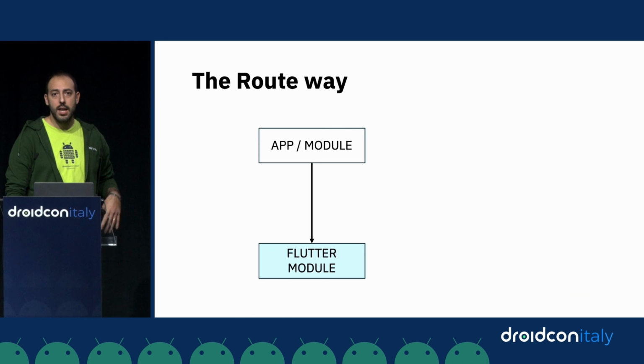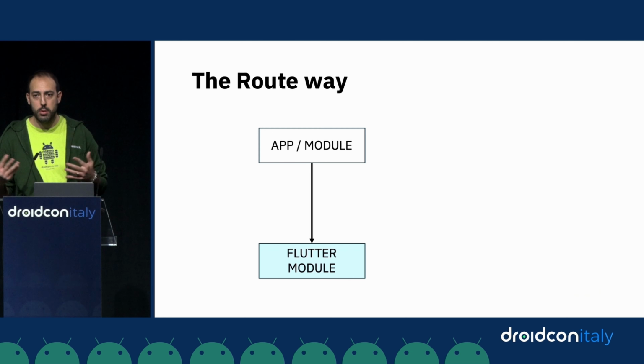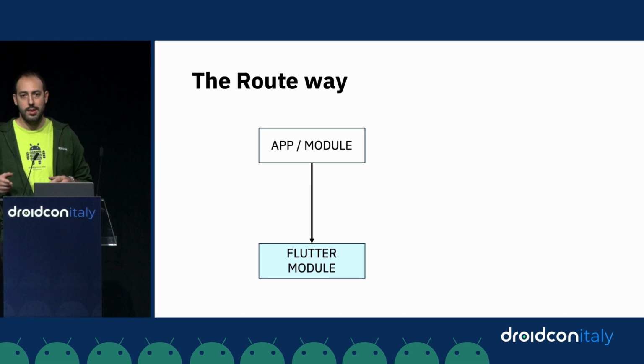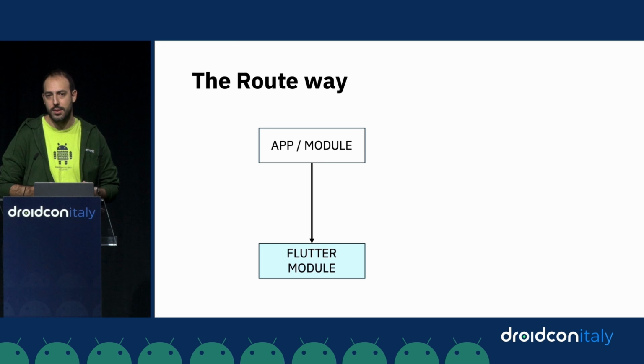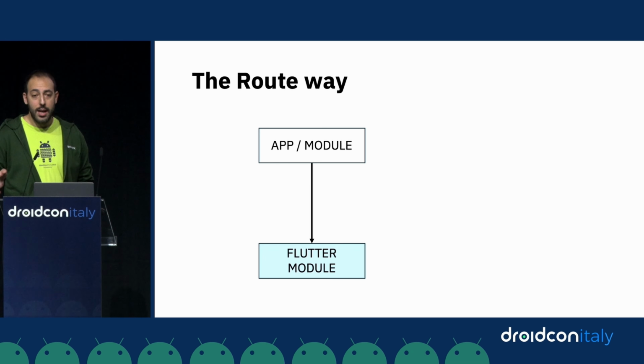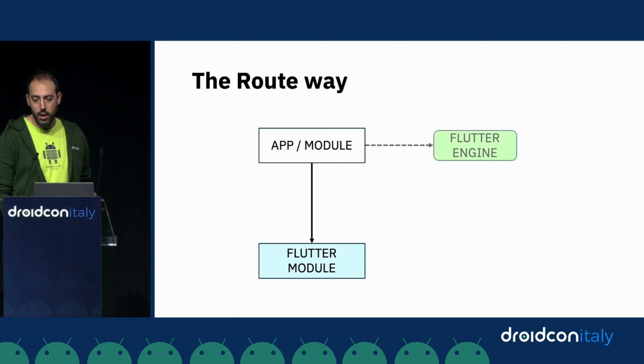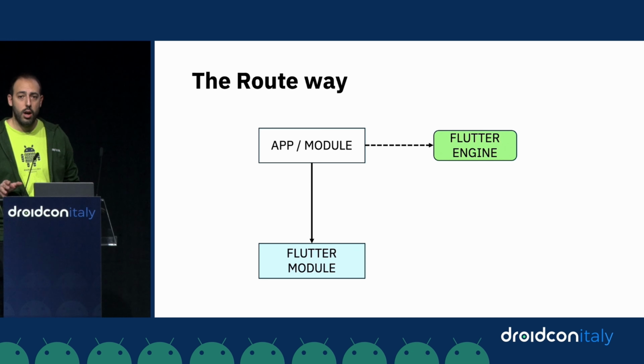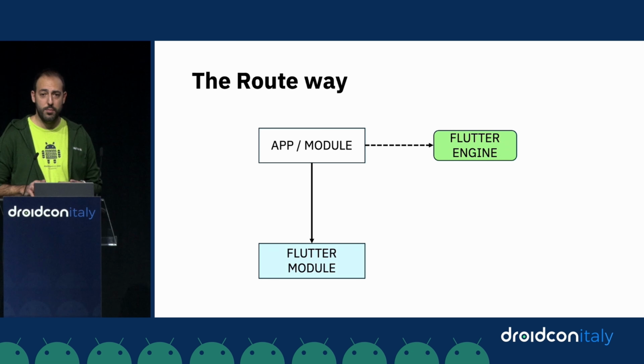So we can start the communication between the Flutter module and the Android native side. How to connect, how to inflate the screen part from Flutter to the Android side. There is one approach, which is the route. So we have, firstly, the object Flutter Engine, which is very important in this kind of approach.